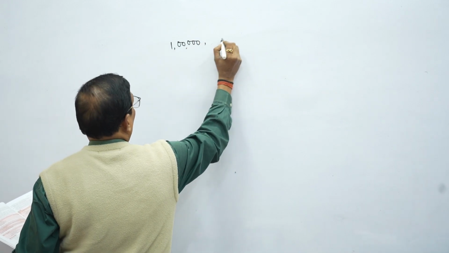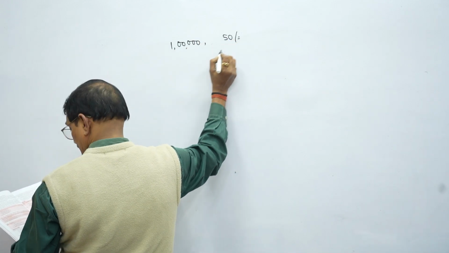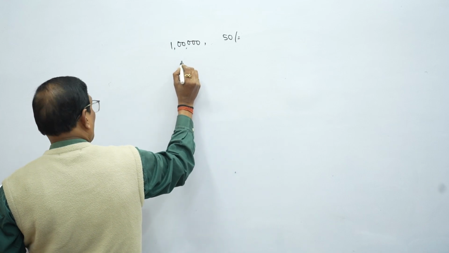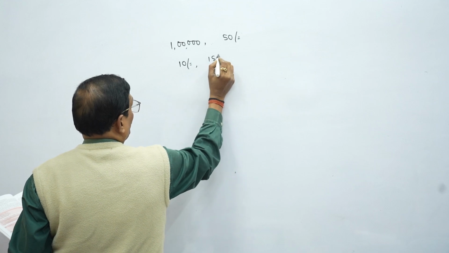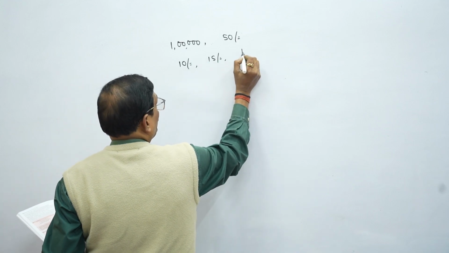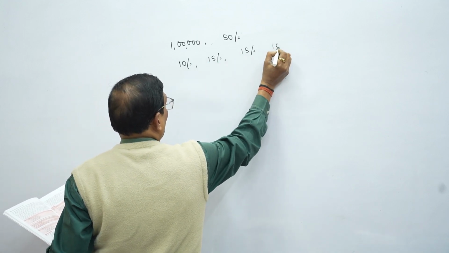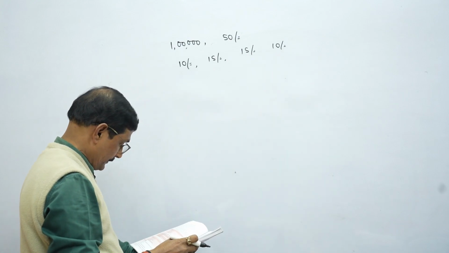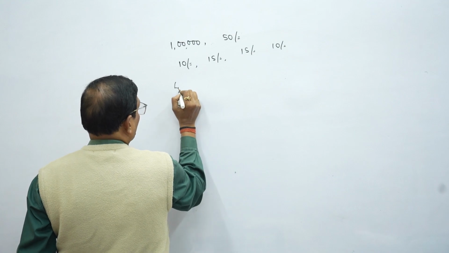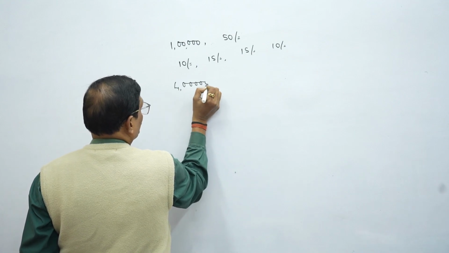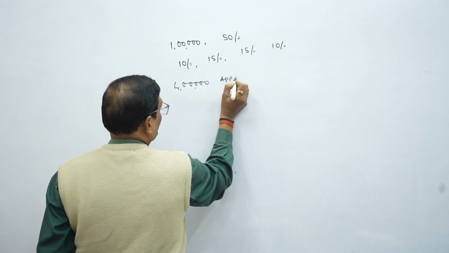Payable as 50 rupees each. That is 10 rupees on application, 15 rupees on allotment, again 15 on first call, and 10 rupees on second and final call. Applications were received for 4 lakh shares. This is the applications received.